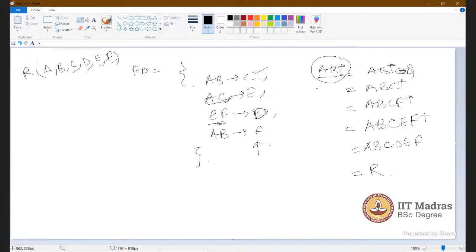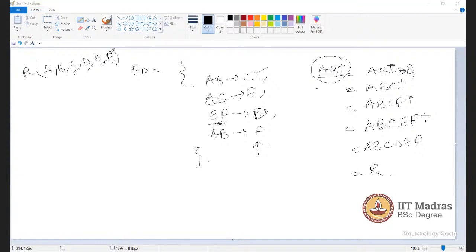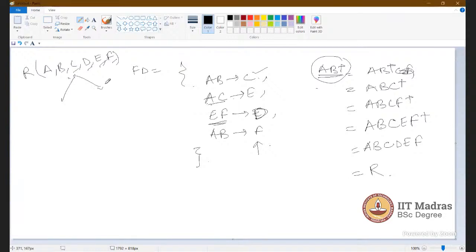We have to check whether it is in the second normal form or not.